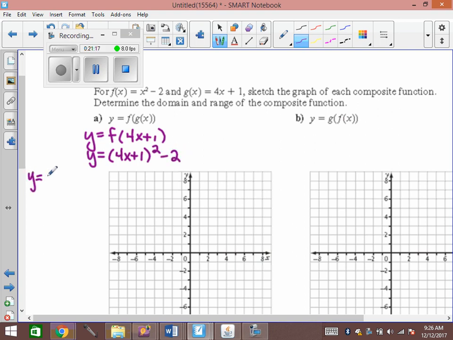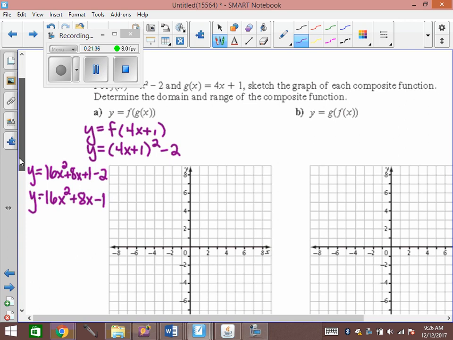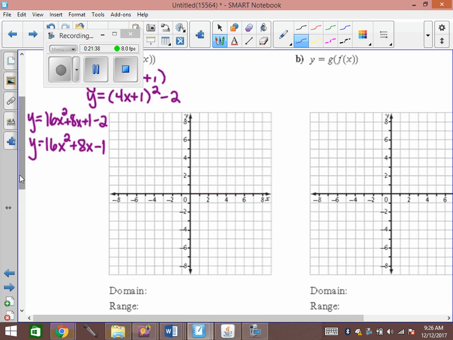And that would get you 16x squared plus 8x plus 1 minus 2. So y equals 16x squared plus 8x minus 1. And then you just graph it, right? Give the domain and range.